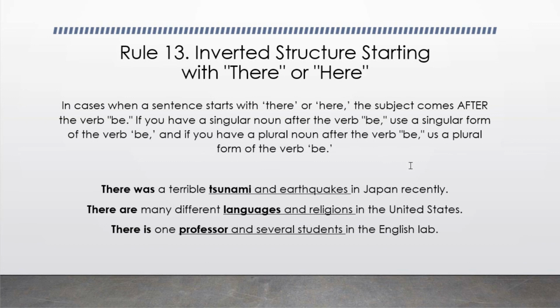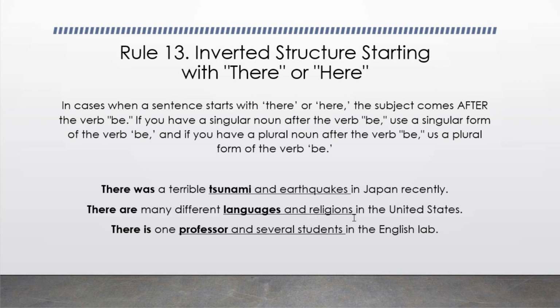For example, there was a terrible tsunami and earthquakes in Japan recently. So you have tsunami and earthquakes as your complete subject, but because the word tsunami is closer to the verb and tsunami is singular, you have the verb was. There are many different languages and religions.